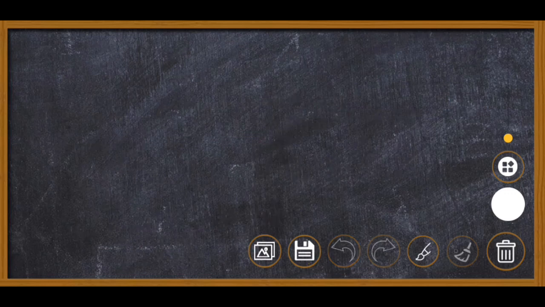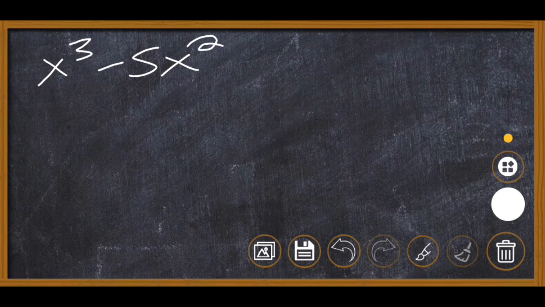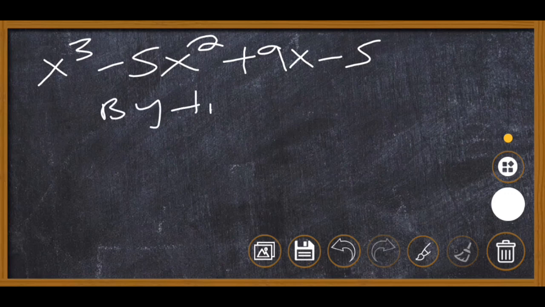Let's say we have x to the power 3 minus 5x squared plus 9x minus 5. Let's say by trial, let x equal 1. We are just trying.